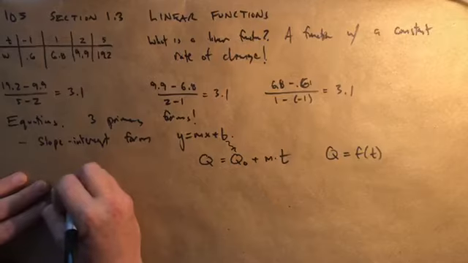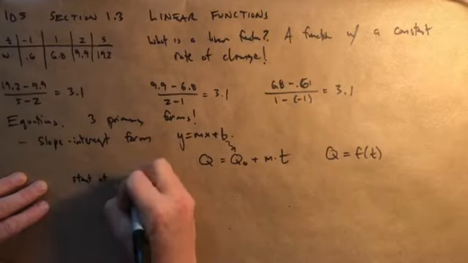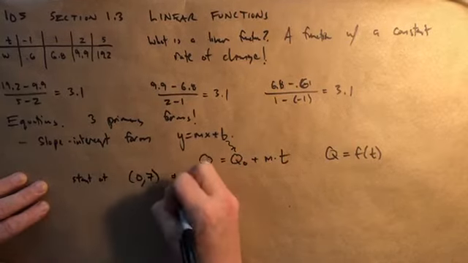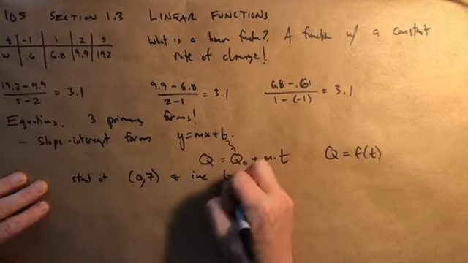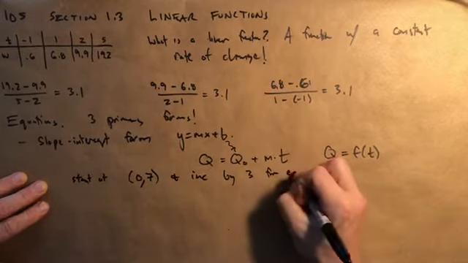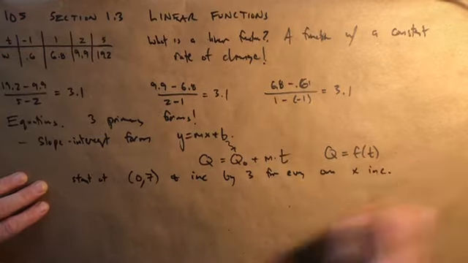So suppose we go through, start at, we'll say 7 and increase by 3 for every 1 x increases.